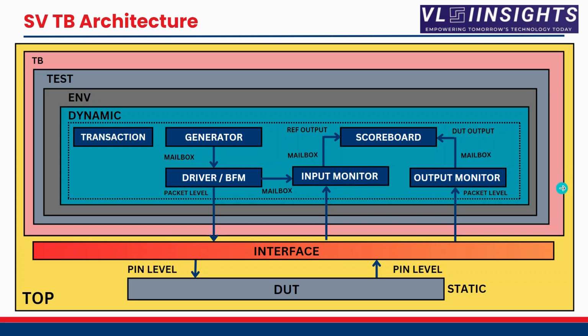Now let us go through some of the basic files of transaction, generator, monitors, drivers and the scoreboard, and understand how exactly we are going to frame the architecture. We are not going to write any logic inside that, but we are just going to understand how the hierarchy has been developed.